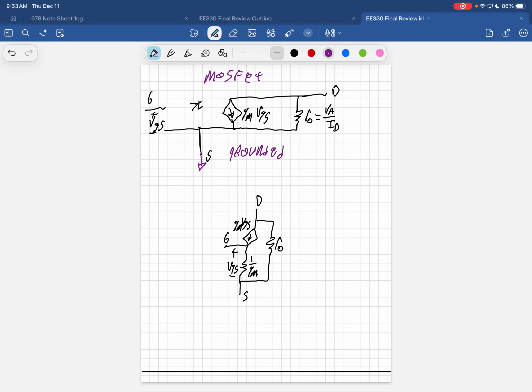Okay, and again, you use this if S is not grounded. Cool. Any questions about any of the models before we move on to some practice problems?